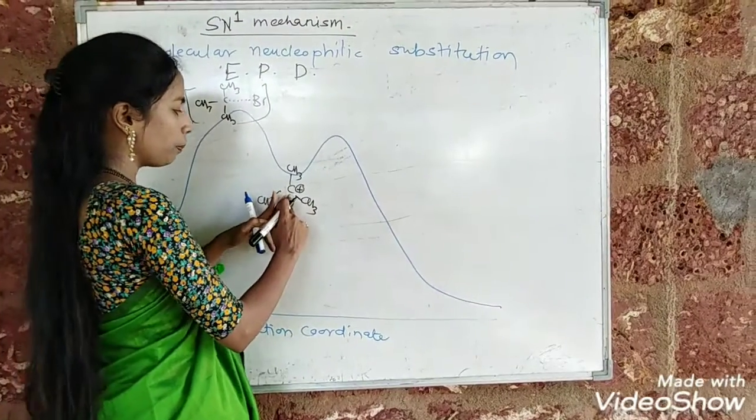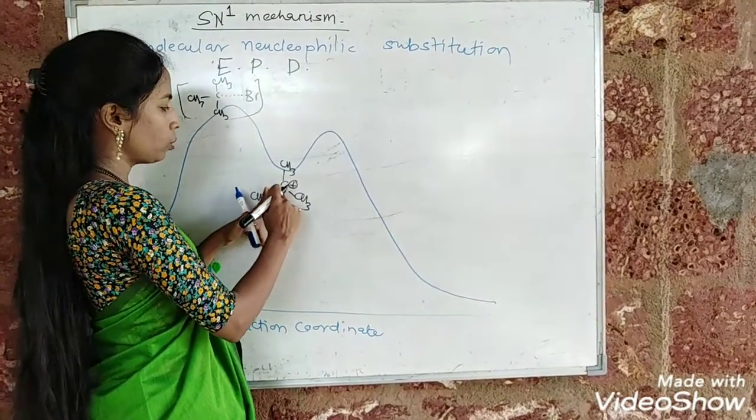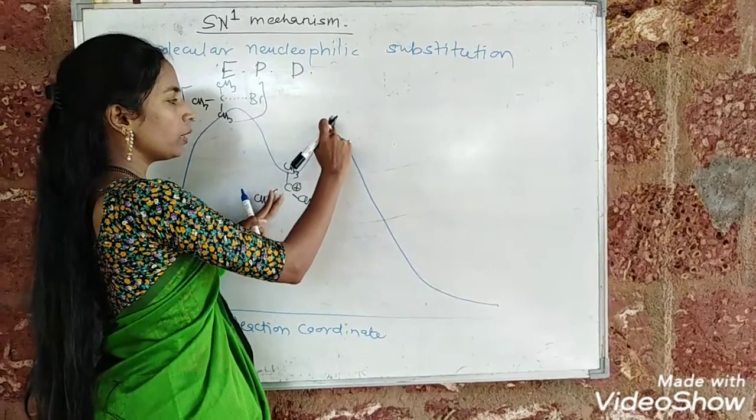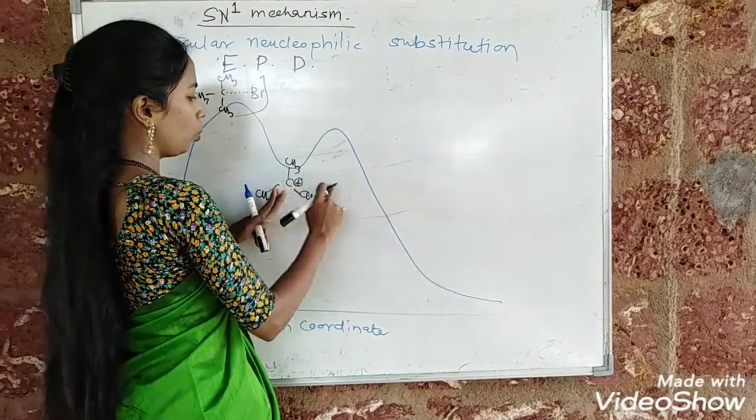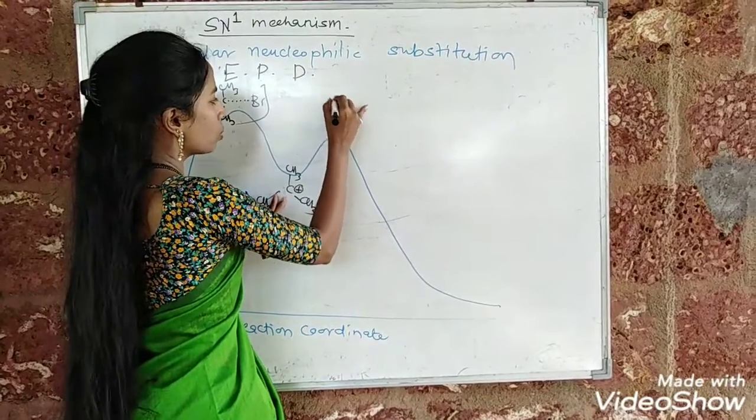In the second step, the OH nucleophile attacks the carbocation. So again the energy goes on increasing, reaches a maximum. Here it is the second transition state in which the carbon-oxygen bond is forming.